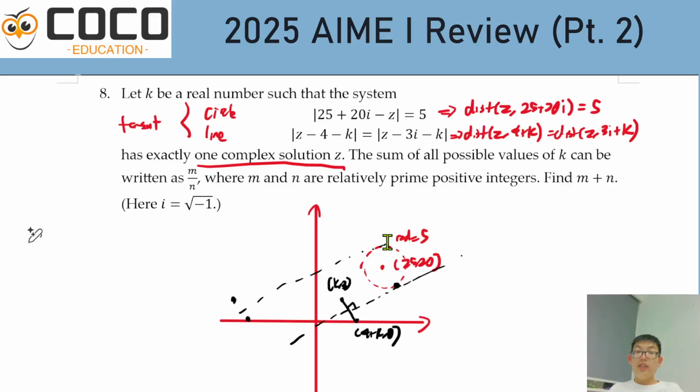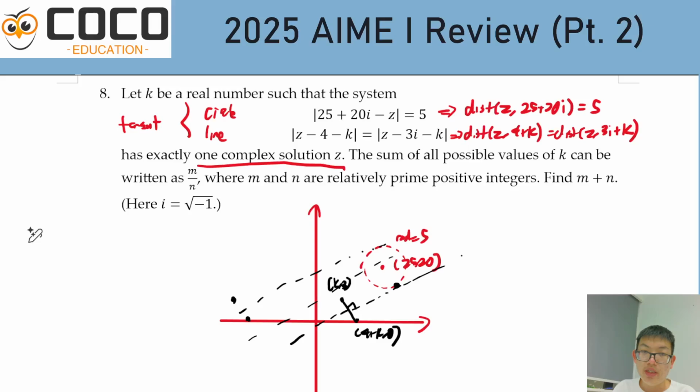Now, the interesting thing here is that I can do some geometry to get the sum of values of k.